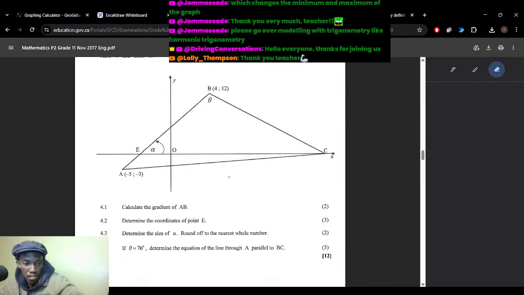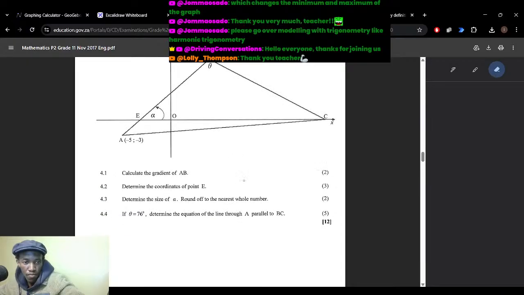So let's move on to the next question. If theta is 76 degrees, determine the equation of the line through A parallel to BC. Through A, parallel to BC.